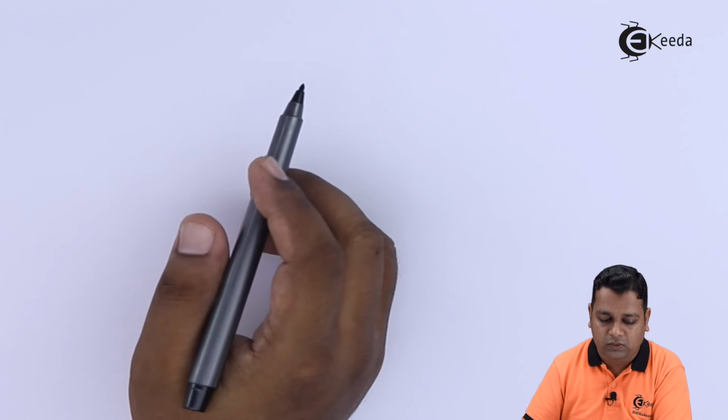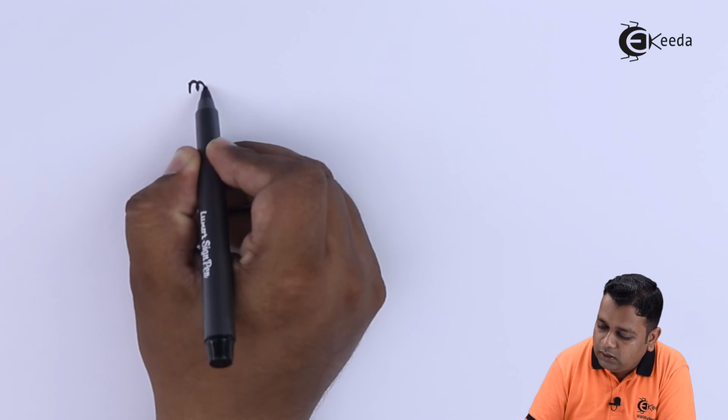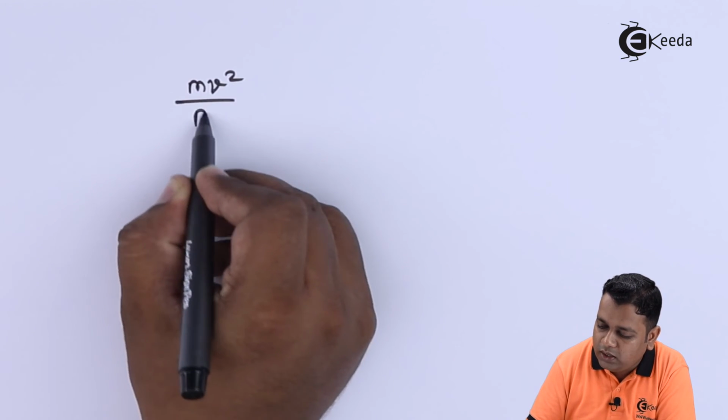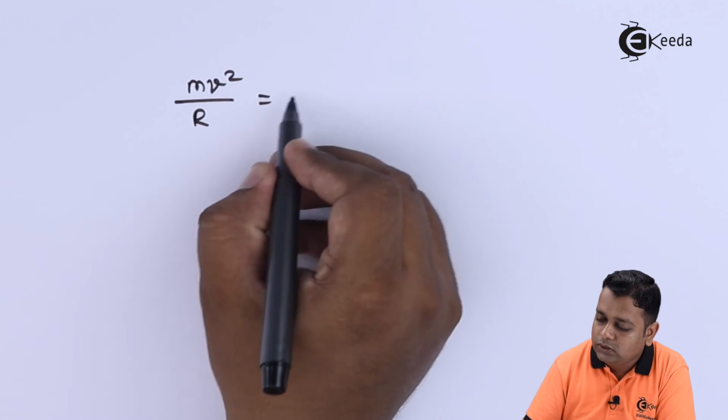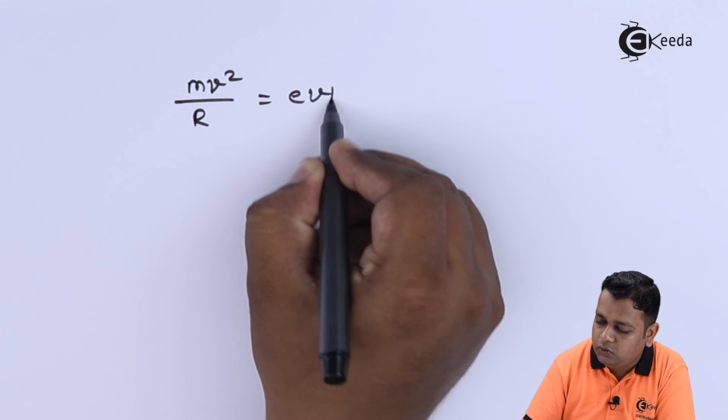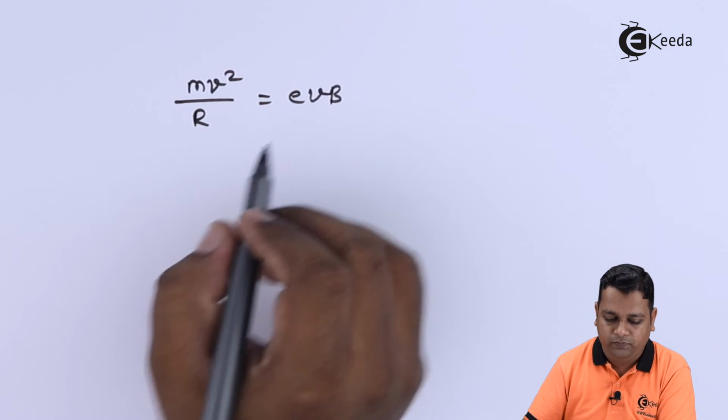So it will be a balance between the centripetal force and the centrifugal force. In that case, the equilibrium is given by the equation mv squared divided by r, where r is the radius of the path, equal to E into V into B.